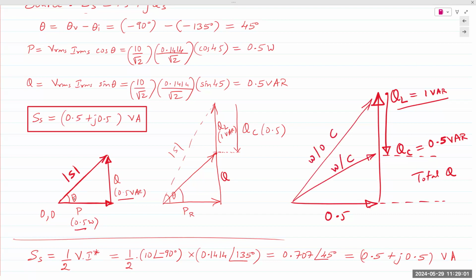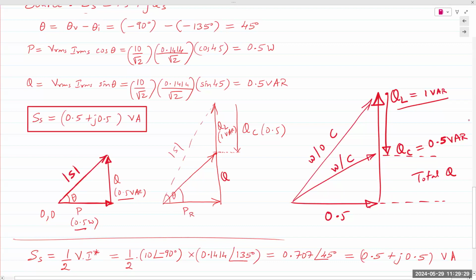Remember, when the switch is flipped, the source is required to send 1 VAR to the inductor. The inductor absorbs the power, sends it back, and the capacitor size is such that it can only absorb half of that. So 0.5 is absorbed. And from that point on, the capacitor supplies 0.5 VAR. And the source is now only required to send 0.5. Okay, so the power required from the source is now reduced.